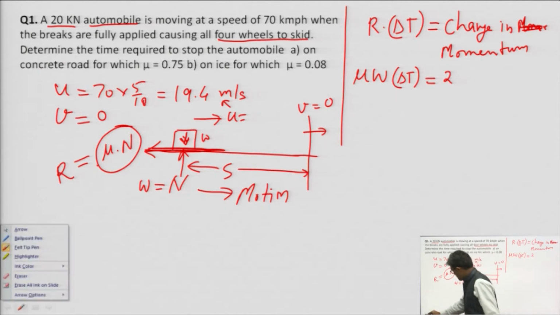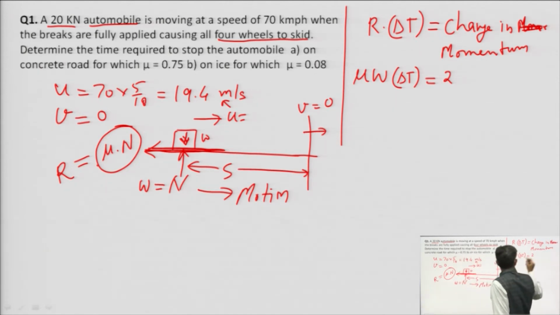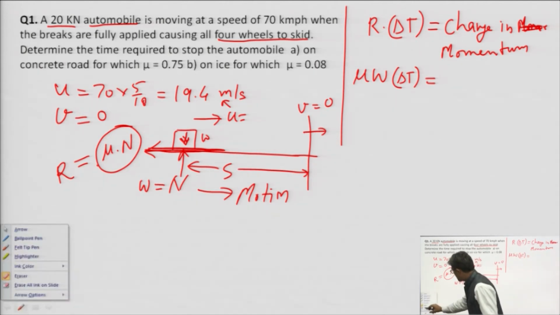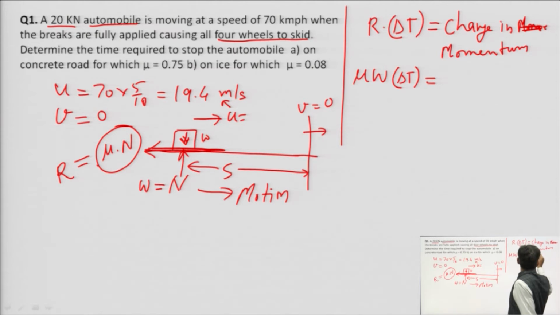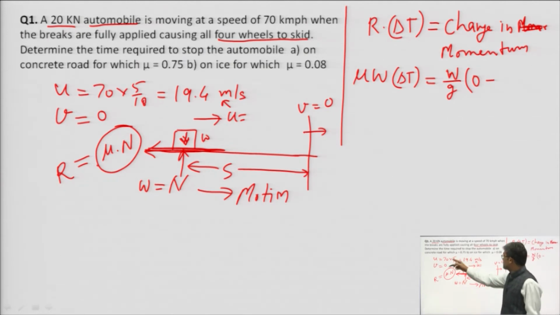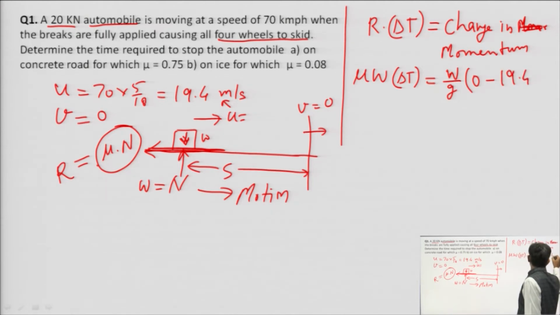For m let me write W upon g. The final velocity is 0, so it is 0 minus the initial velocity u, which is 19.4 square.